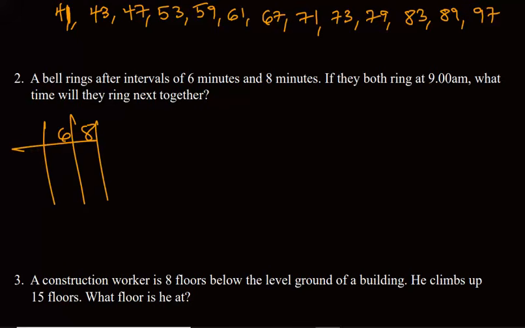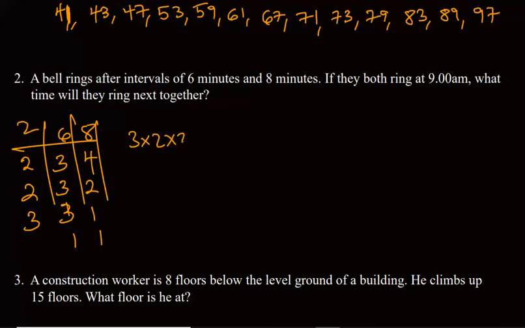We start by 2: 3, 4; then 2: 3, 2; lastly by 2: 3, 1; then 3: 1, 1. So the LCM is 3 times 2 times 2 times 2. This will be 6 times 2 is 12, 12 times 2 is 24. So 24 is our LCM.